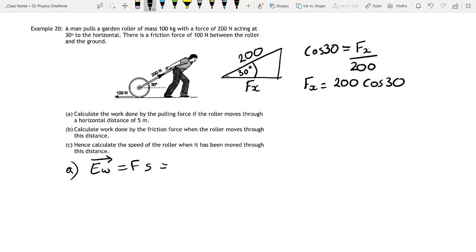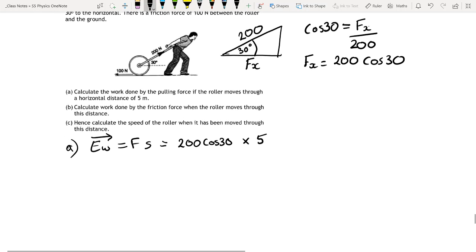So 200 cos 30 times the distance of 5 meters. The reason I don't work it out beforehand is it's easier to write down rather than something point something. So you put that into your calculator, and you come out with 866 joules.